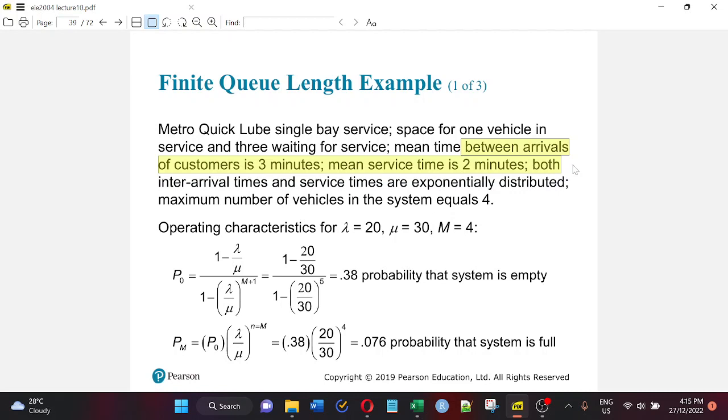Don't take it straight away, because you need to know that the arrival rate is the number of customers arriving within a time period. If you are talking about the hour here, how many customers arrive in 1 hour? If 1 customer arrives every 3 minutes, then in 1 hour, 60 divided by 3 is 20. So lambda here is not 3, lambda is 20.